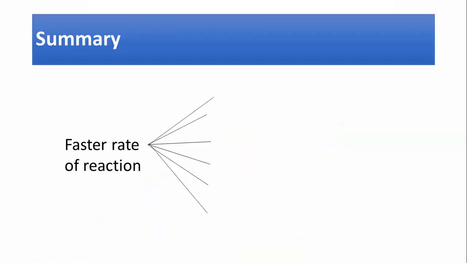And in summary, if as a chemist I ask you how to make the chemical reaction fast, or if you want to slow down the chemical reaction, what would be the controlling factor? And these are all the controlling factors which we have discussed. So here I am going to take only one way of the reaction. That means if you want to make a faster reaction, you must choose ionic compounds.